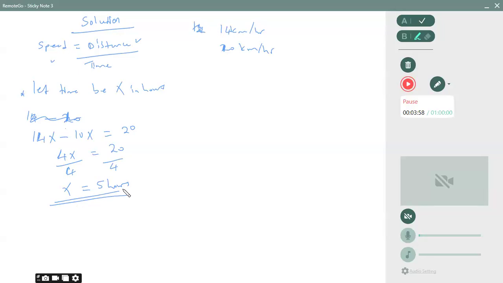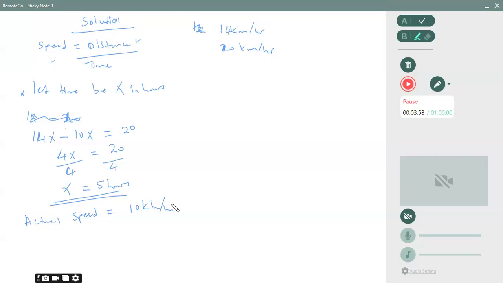Now, after understanding the 5 hours, remember the actual speed. The actual speed was how much? The actual speed was 10 kilometers per hour. That was the actual that was planned.